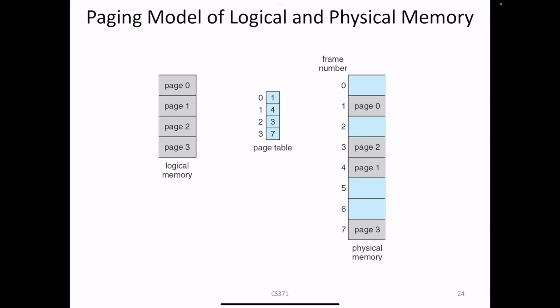In the middle, we have the page table, which maps the contiguous pages to physical memory frames, so that we can allocate the logical memory space into the physical memory space. Here we can see page 0 is mapped to frame 1, 1 to 4, 2 to 3, and 3 to 7. On the physical memory shown on the right side, we can see that the pages are allocated on scattered frames and out of order.